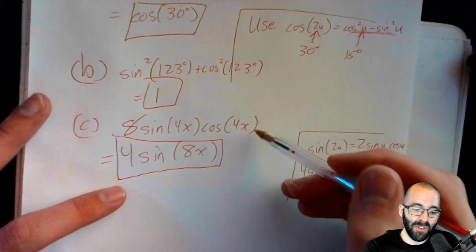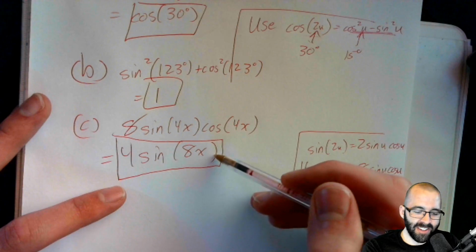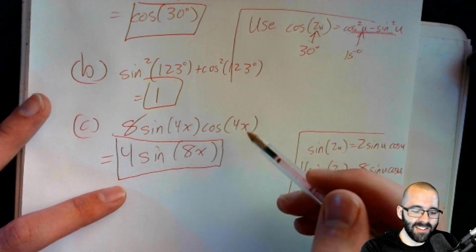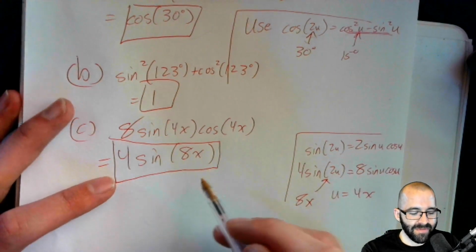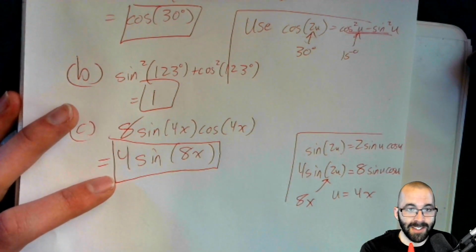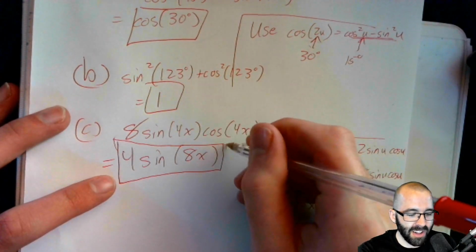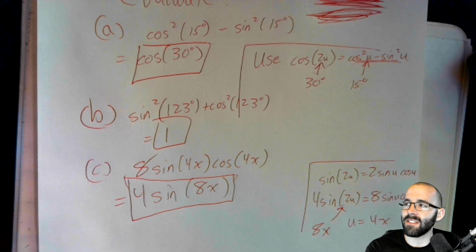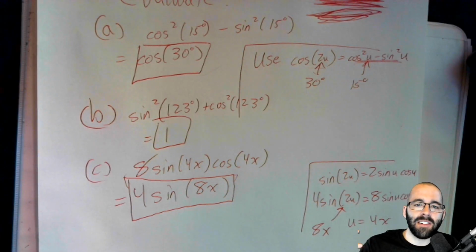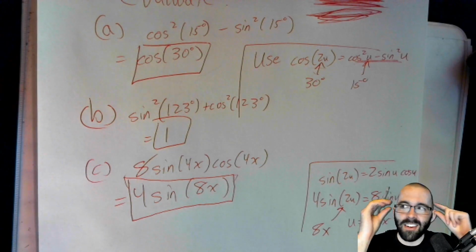If you wanted to differentiate this thing, you'd have to use the product rule and the chain rule. Here you only have to use the chain rule. If you wanted to integrate this, you could use a u substitution. Anyway, these are all things that you're going to be able to use later in calculus. In the meantime, though, they're just pointless little exercises. Can you use these identities? But know that there is a point somewhere, just kind of not yet.